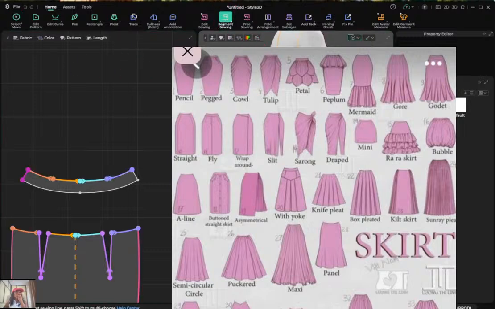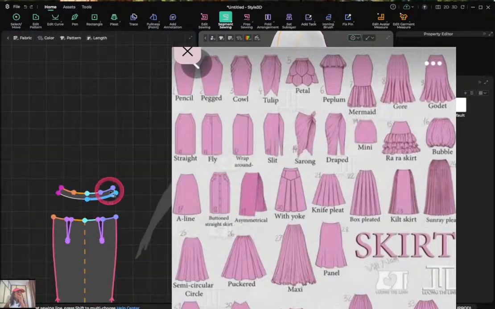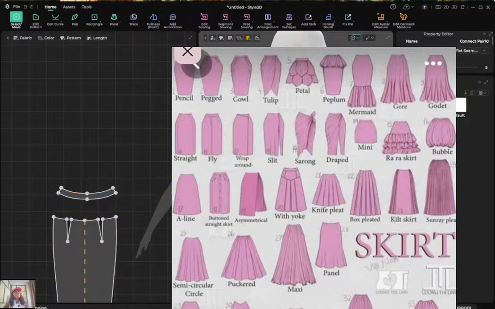Okay, so if I can sew this part to this part and then simulate.